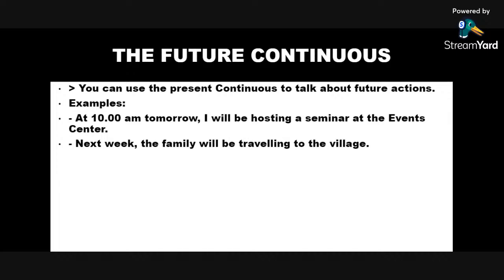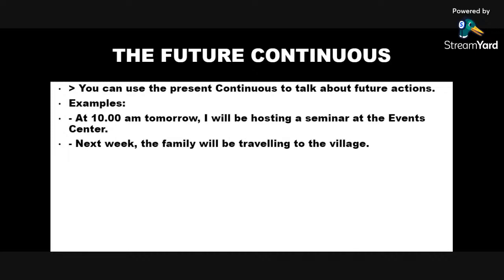Now, the next one is the future continuous tense. You can use the future continuous tense to talk about future actions, all right? For example, at 10 a.m. tomorrow, I will be hosting a seminar at the event center, okay? You are using the future continuous tense.